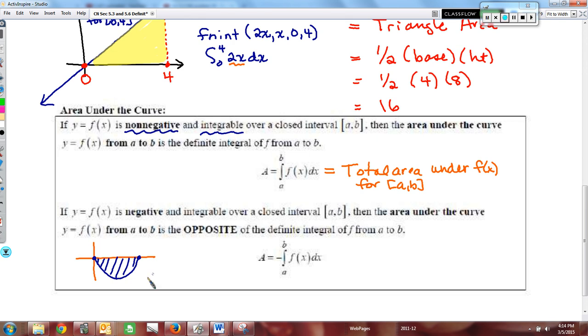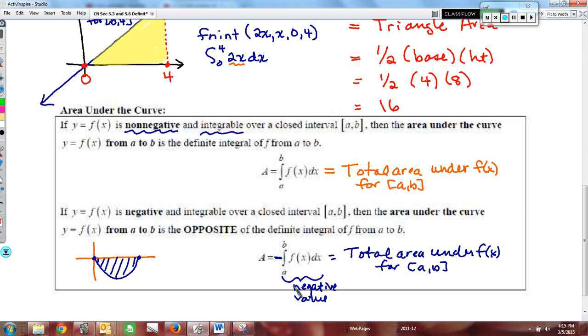Since your function values are all negative in this situation, the definite integral itself is going to be a negative value. So if I want to find area, which is always positive, I have to do the opposite of it in order to get total area. So it's only equal to total area under f of x for a to b if you take the opposite of the definite integral.